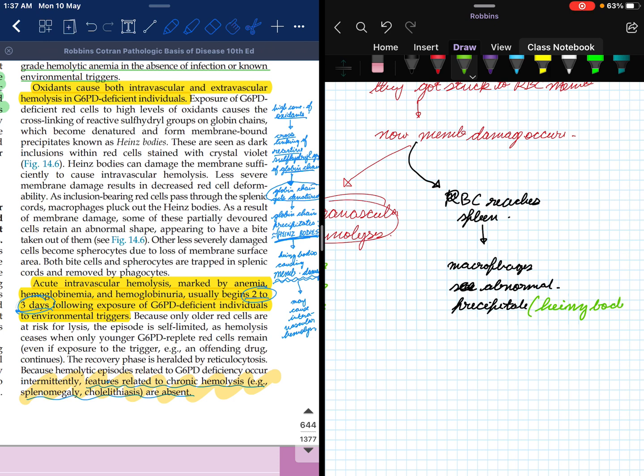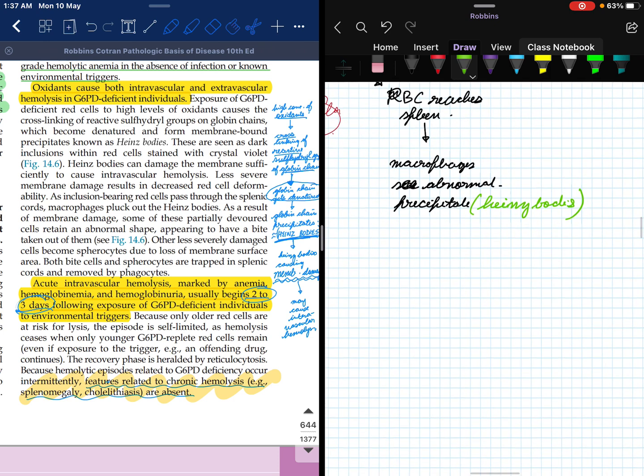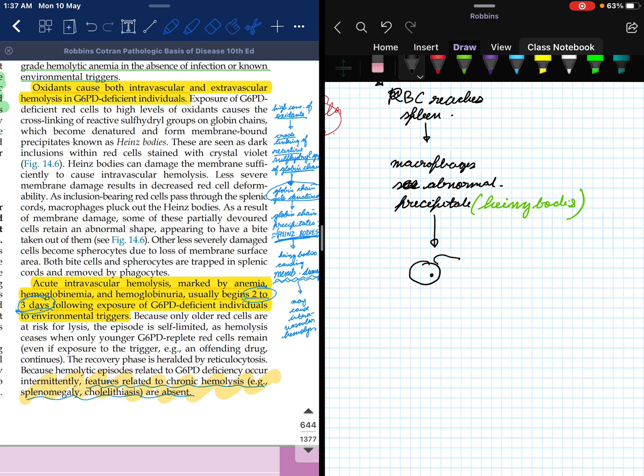The macrophages try to eat those Heinz bodies, only that particular part, and in doing so they also engulf a part of the cytoplasm of the RBC. So the RBC gets converted into a bite cell. The Heinz bodies are no longer there, because they have been engulfed by the macrophage.